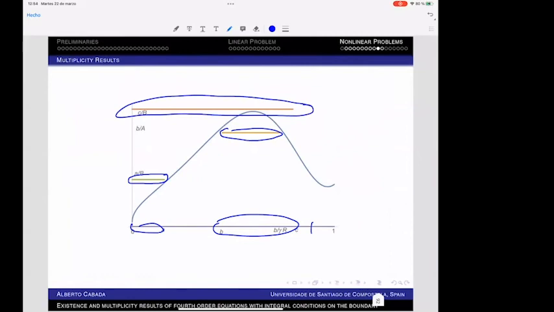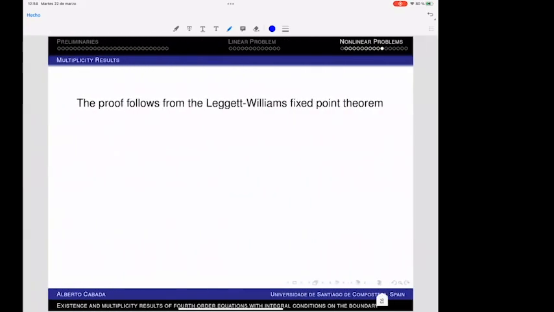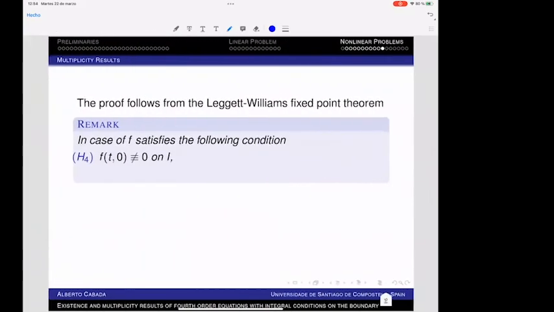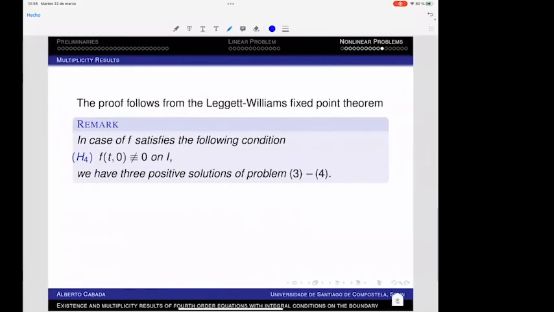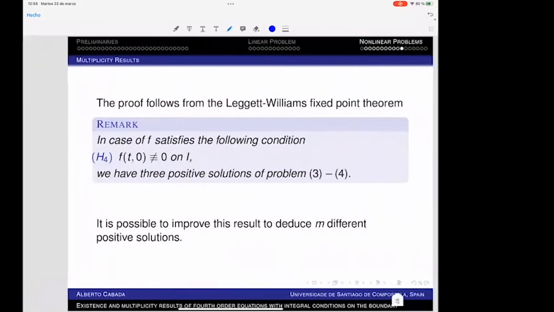With this kind of shape, we can use the Leggett-Williams theorem and deduce at least two solutions. If 0 is not a solution, we can ensure that there are at least 3, but we are not able to prove that 0 was not a solution. So this is the idea.